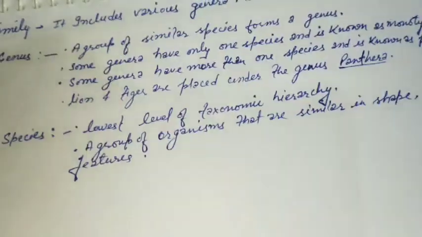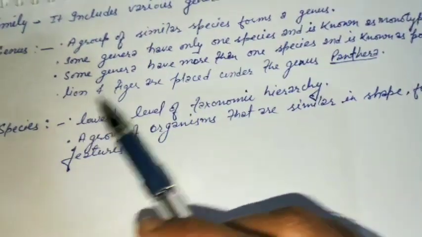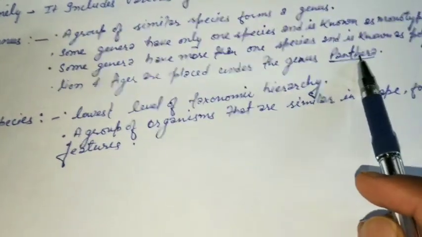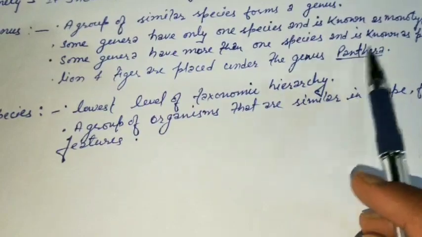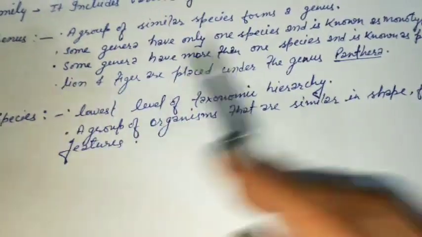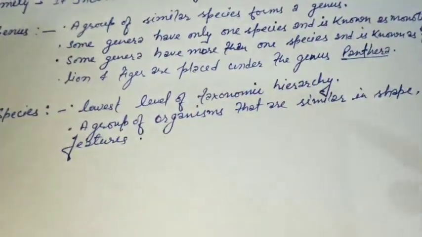For example, the lion and tiger are placed under the genus Panthera, but the species is different. Panthera leo is lion, while Panthera tigris is tiger.